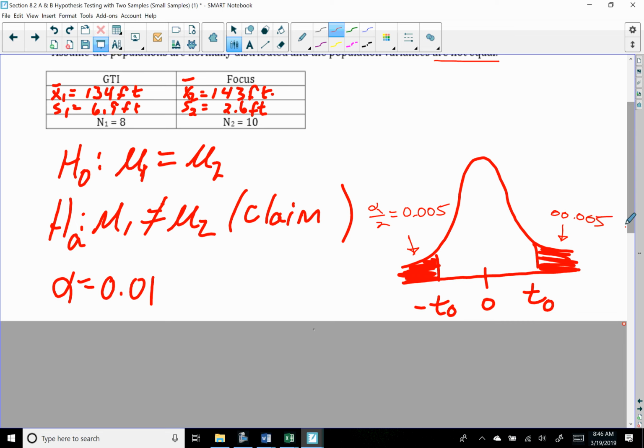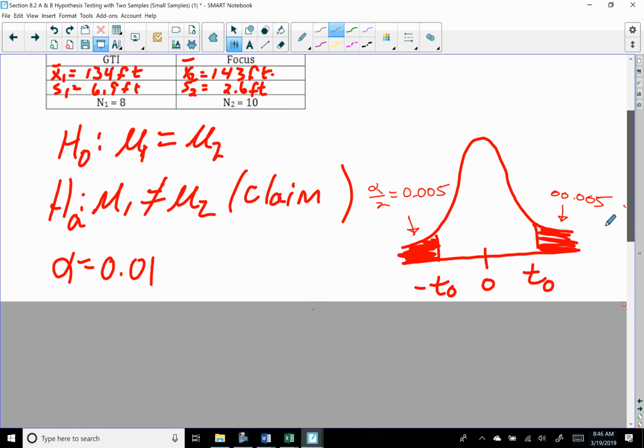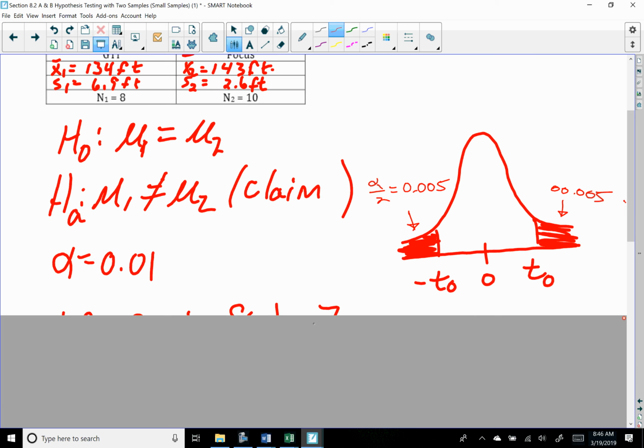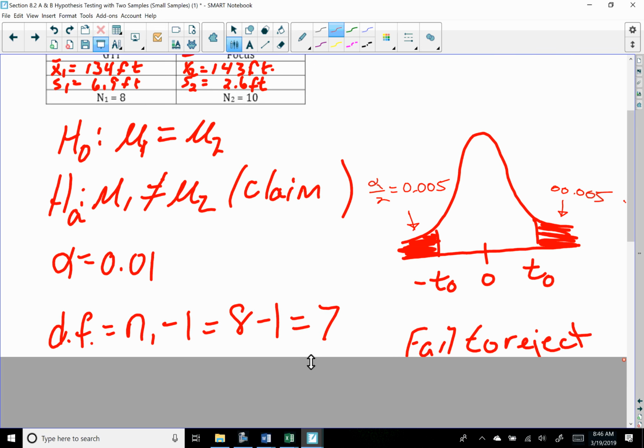Since variances are not equal, my degree of freedom is the smaller of n1 minus 1 or n2 minus 1. In this case, the smaller sample size is n1, 8. So my degree of freedom is 7.